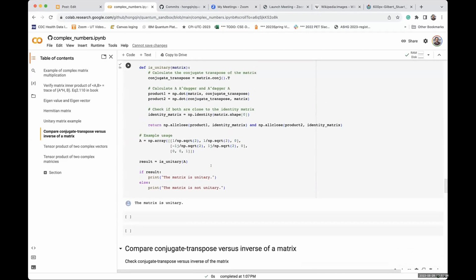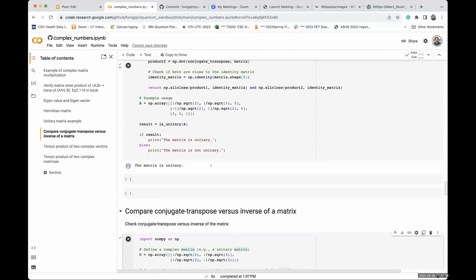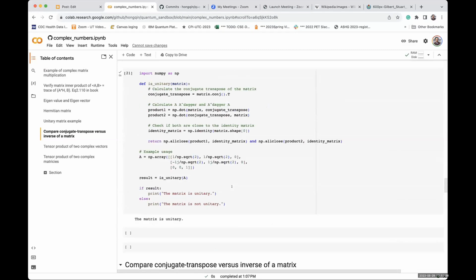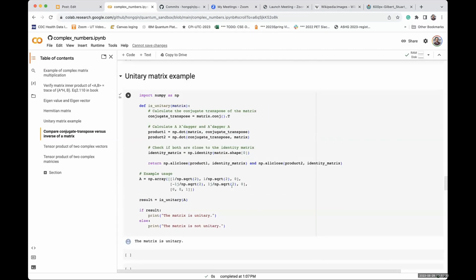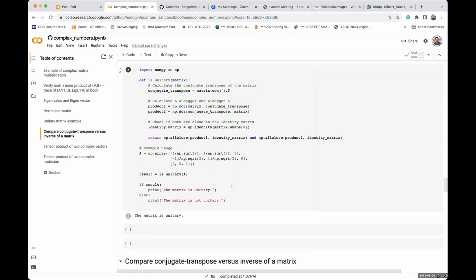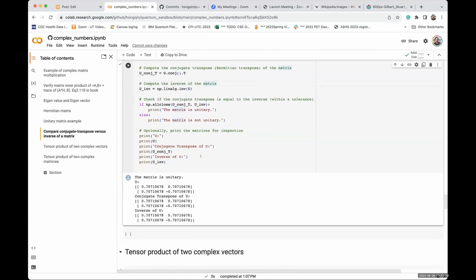I just rewrote almost exactly the same thing. I realized it's already written down here too. That's a bit different example, but it is the same thing.